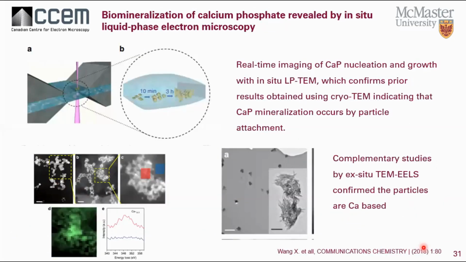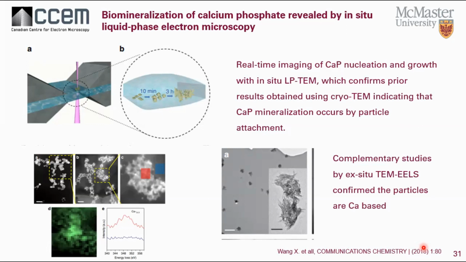Another example where liquid cell microscopy is very useful is biomineralization. Calcium phosphate biomineralization is essential to the formation of bones and teeth and other pathological calcifications. Unraveling the mechanism of calcium phosphate nucleation and growth contributes significantly to understanding the diseases caused by pathological mineralization.